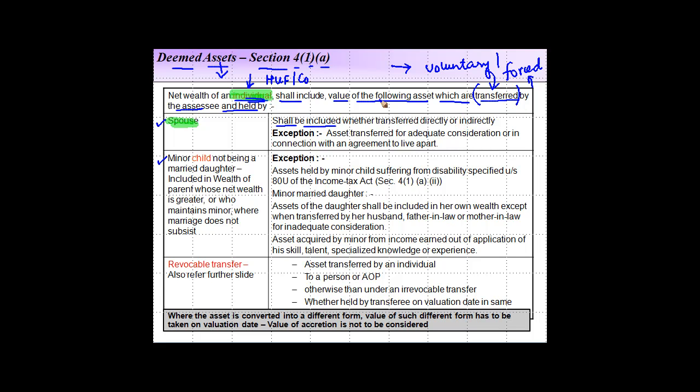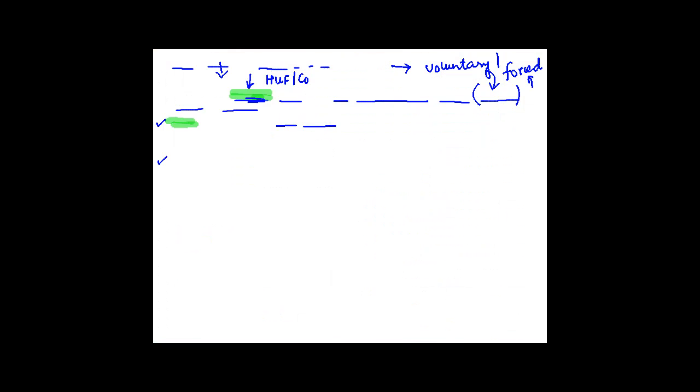Now what does this mean? This basically means that whether you transfer the asset directly, let's say A transfers the asset to his spouse, or indirectly, so A transfers it to B, who transfers it to B's spouse, whether you transfer directly or indirectly, it will be included in the net wealth.